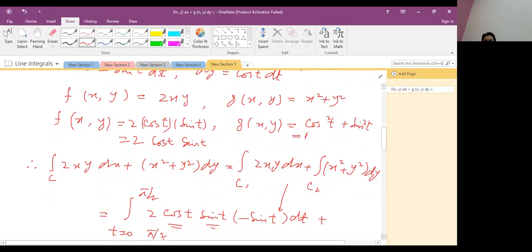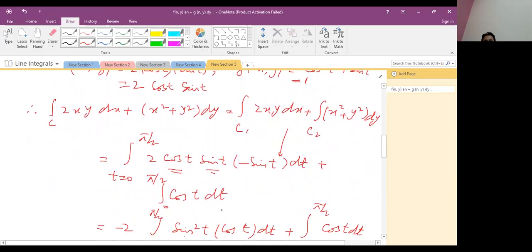In the second part, x square plus y square is 1. One into, or what is dy? Dy is equal to cos t into dt.